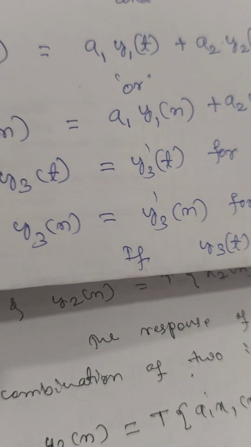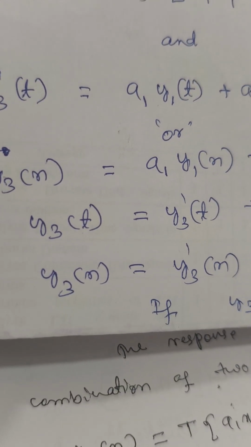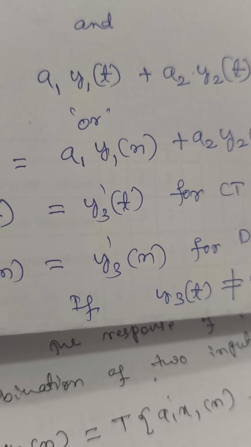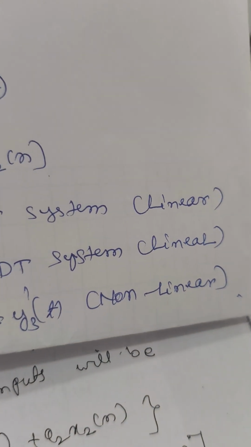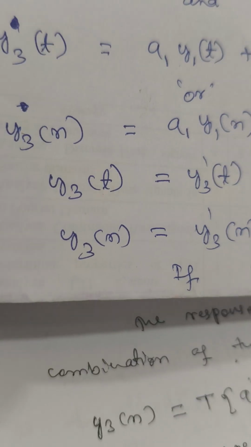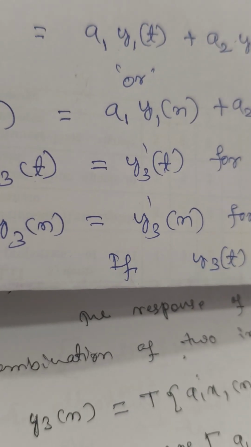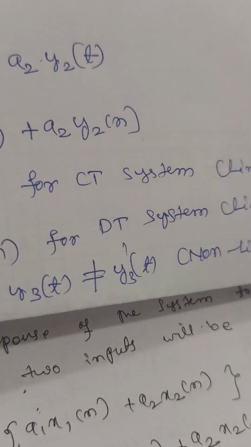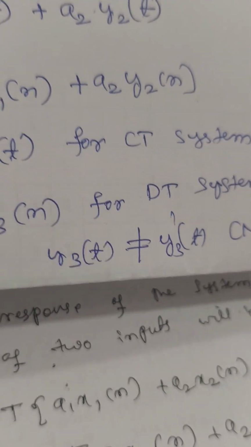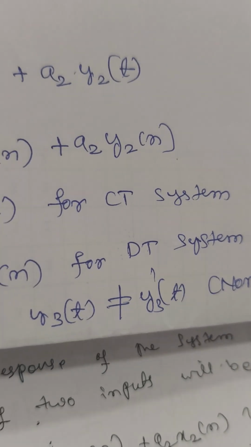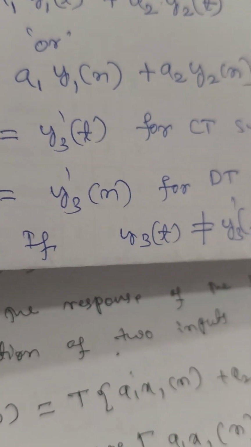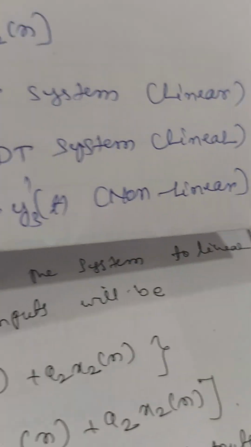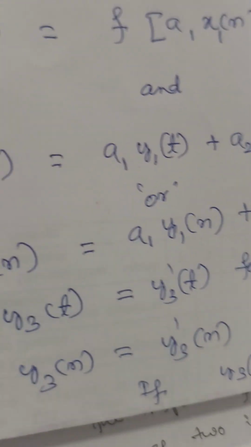If y3 of t is equal to y3 dash of t, then the system is linear. In case of discrete, if y3 of n is equal to y3 dash of n, then the system is also linear. This is applicable for DT and CT systems. If y3 of t is not equal to y3 dash of t, then we call such systems non-linear systems.